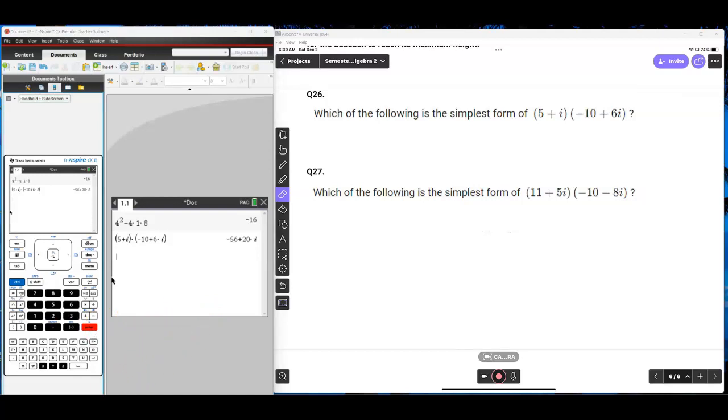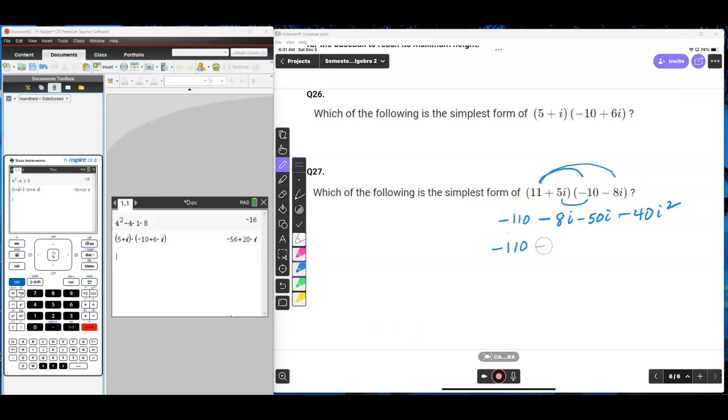Number 27, we're multiplying these complex numbers. So what you're going to do is apply the distributive property. 11 times negative 10, which is negative 110. 11 times negative 8i, which is negative 88i. 5i times negative 10 gives you negative 50i. 5i times negative 8i is going to be negative 40i squared, and I did make a mistake earlier: 11 times negative 8i is negative 88i, not negative 8i. Now i squared is negative 1, so this is positive 40.